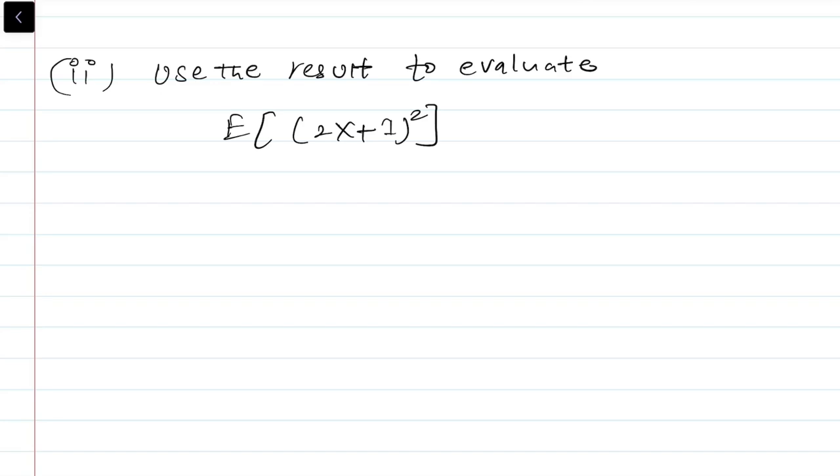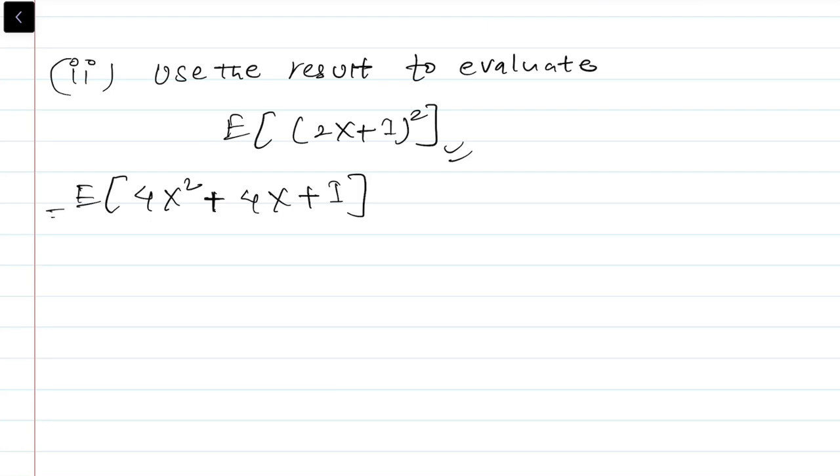So we need to use the result to evaluate this expectation. First, let's simplify this a little bit. We can simplify the inner expression, that is the whole square. This is simply 4x squared plus 4x plus 1.